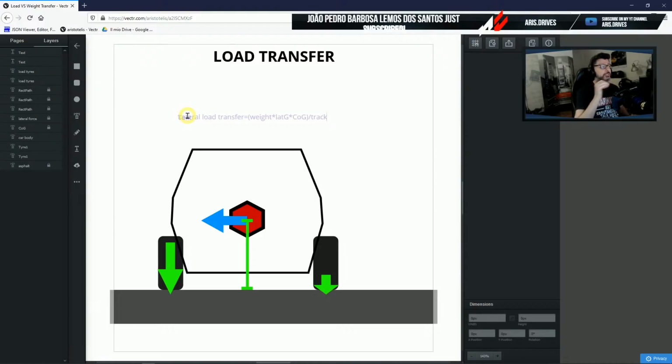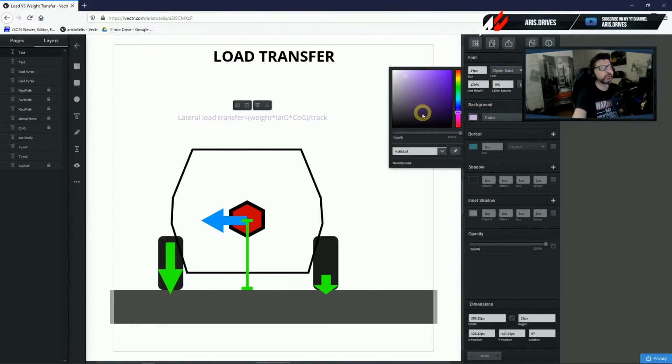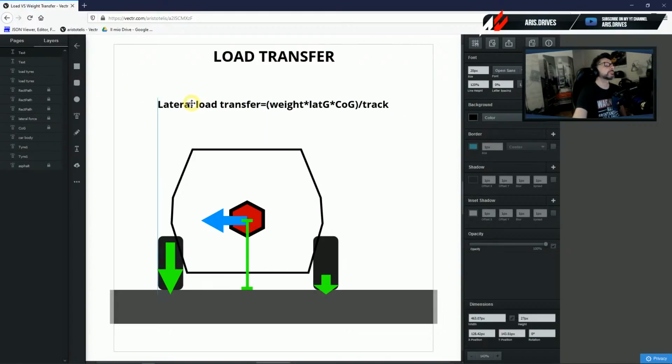So here it is. That is the equation to understand how much load transfer we get.